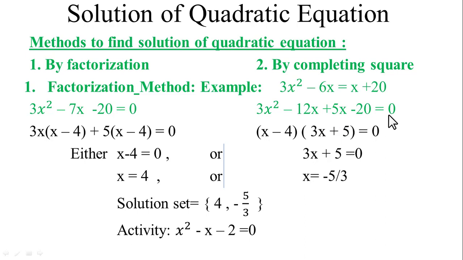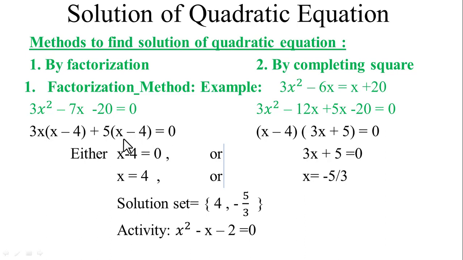Now take common factors in the first two terms and then in the second two terms. In the first two terms, 3x is common, so 3x into x minus 4. In the last two terms, 5 is common because 20 is a multiple of 5, so plus 5 into x minus 4.